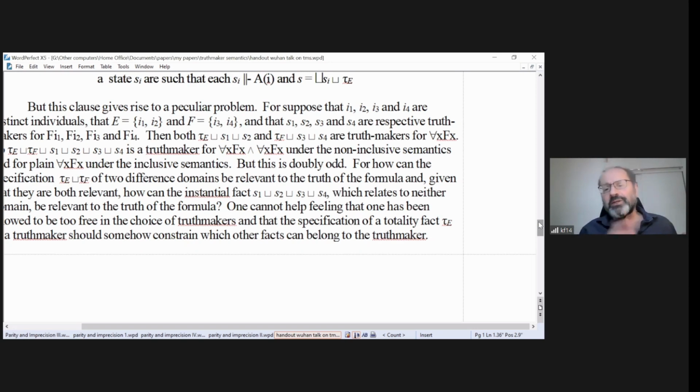So this suggests that there's some kind of harmony, if you like, between what's going on within the truth maker semantics for these quantified cases and the kind of distinctions people have already wanted to make when it comes to distinguishing the role that causes or ground might properly play in the foreground from the role that might be played within the background.